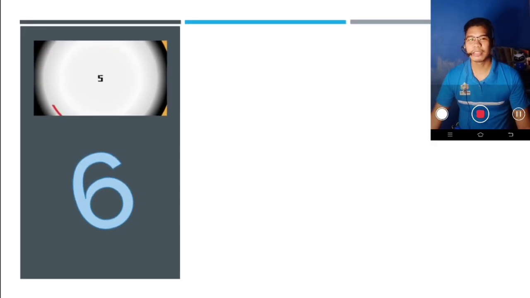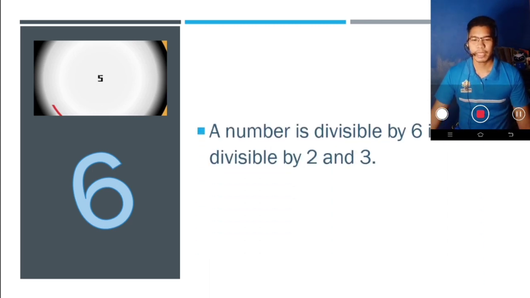This is now the divisibility rule for 6. A number is divisible by 6 if it's divisible by 2 and 3. So if the number satisfies the divisibility rules of 2 and 3, then it is divisible by 6.